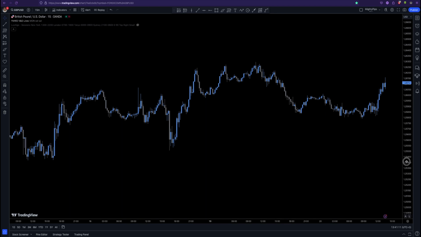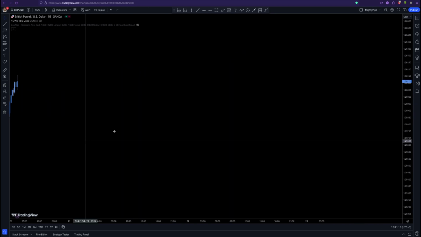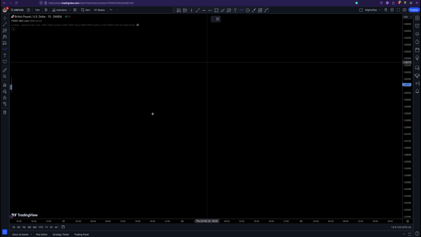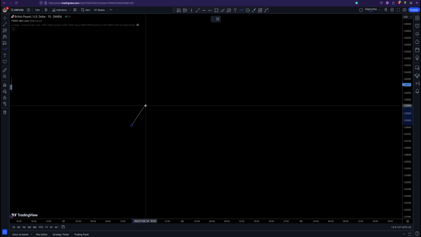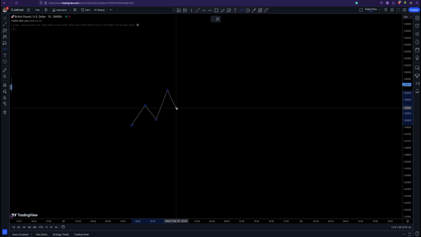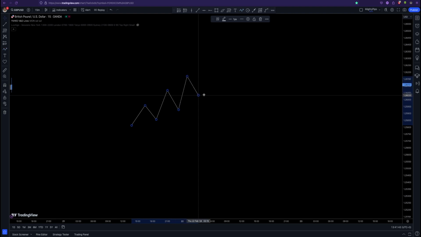Okay, so we are on the 15 minutes chart. What I want you to do is first understand what supply and demand is. In a market, trends or market structure or market movement, we always have the market moving in waves. So we have a market creating a high, higher low, higher high, higher low, higher high, higher low, something like this.